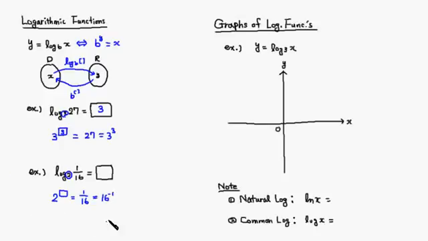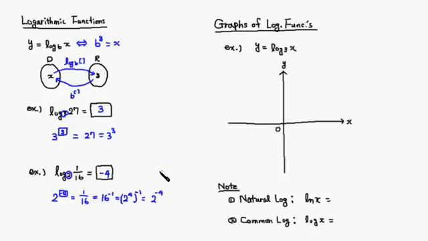But 16 is 2 times 2 times 2 times 2, so 2 to the 4th is the same as 16, and you have to raise it to the negative 1 power. So you can just multiply the powers. It's going to be 2 to the negative 4 power. We know that 2 to the negative 4 is equal to 1 over 16, so negative 4 is the value.